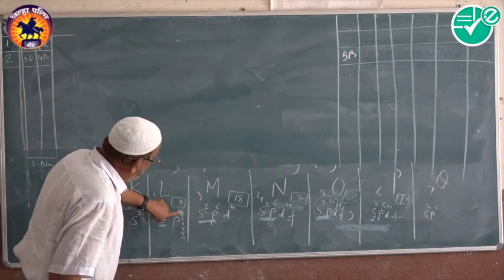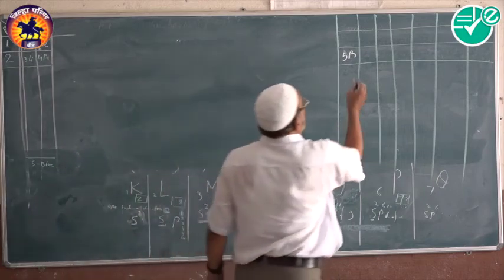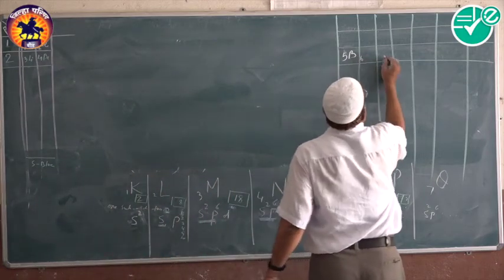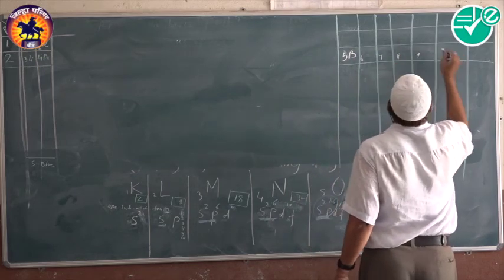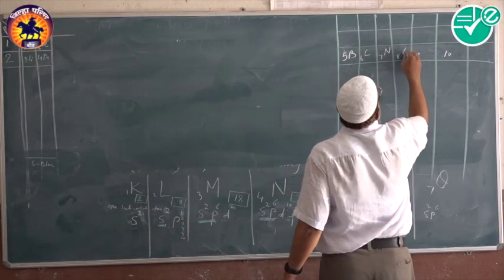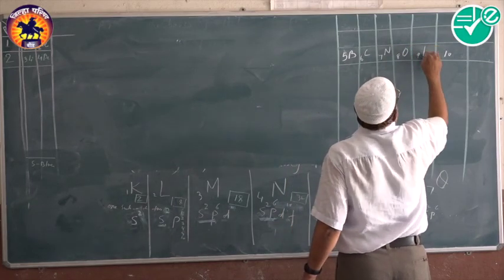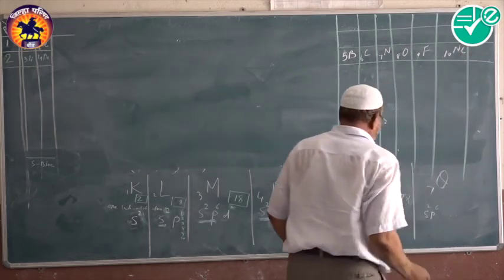From atomic number 5 to 10 will be P block. Means boron, carbon, nitrogen, oxygen, fluorine and neon will be P block.